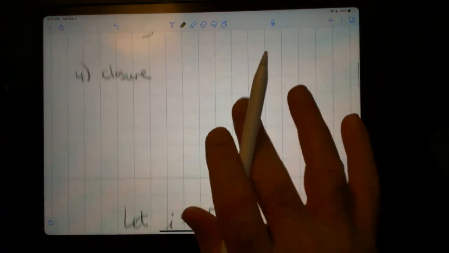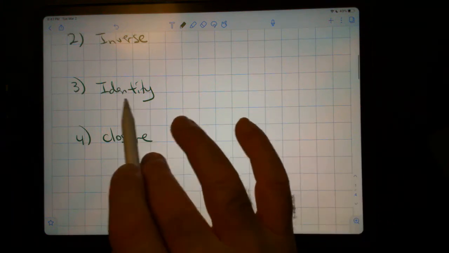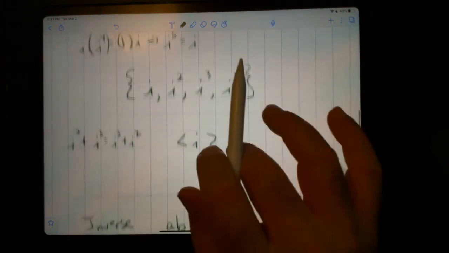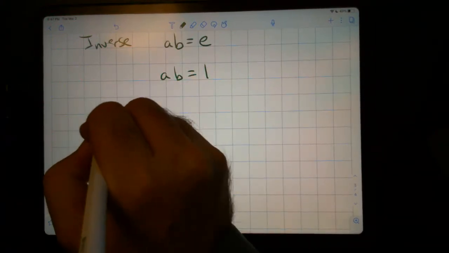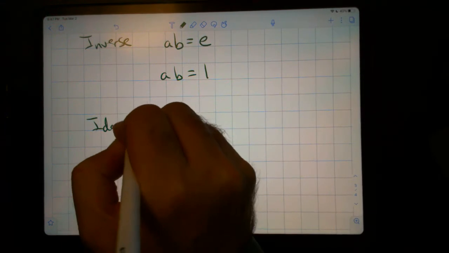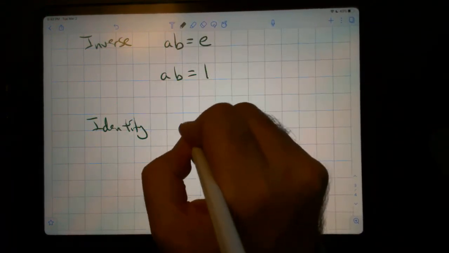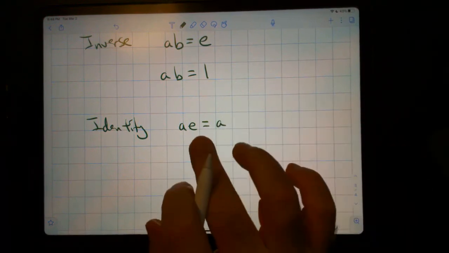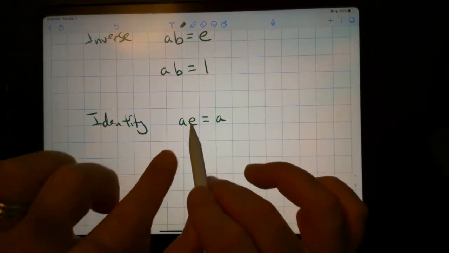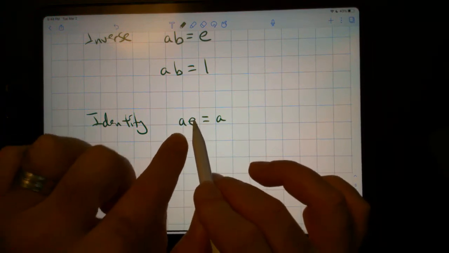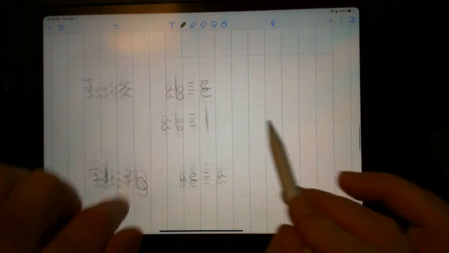How about the identity? The identity is if there exists an element in the group that when you multiply A times that element does not change A, then the identity exists in the group.